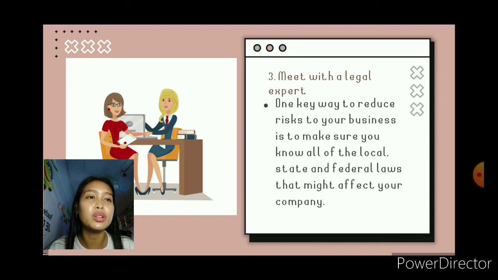You will know all the laws about business that might affect your company.